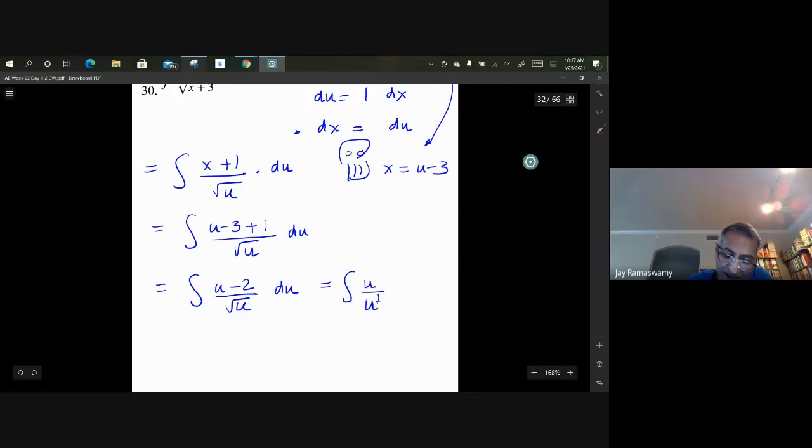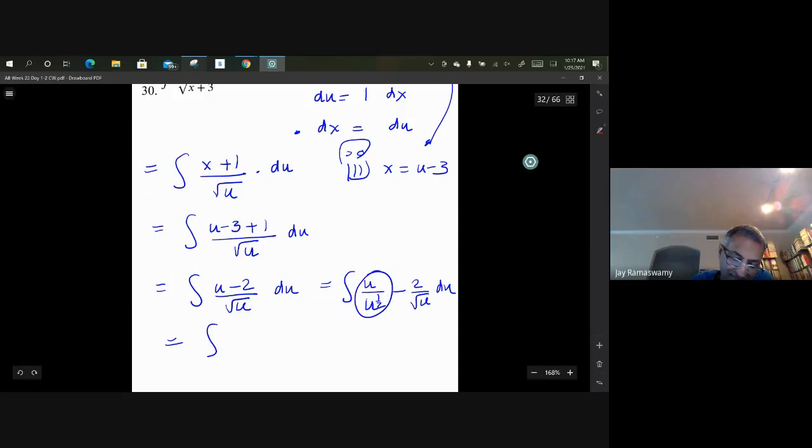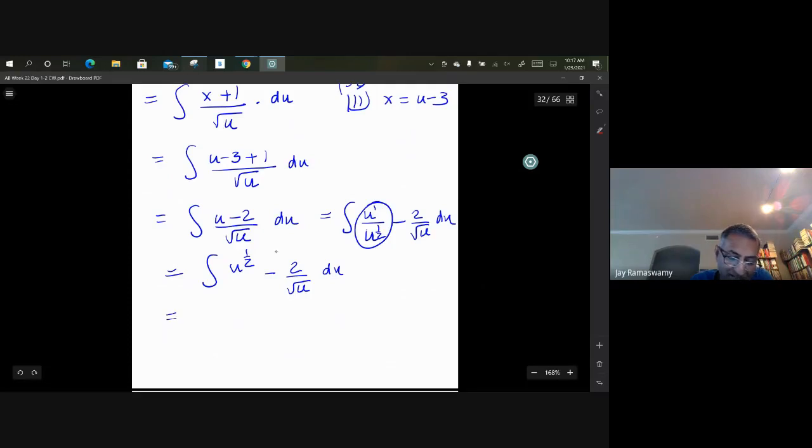Is that u to the power 1/2 minus 2 over radical u, correct? And isn't this guy nothing but just u to the power 1/2 because we subtract? And then minus 2 over radical u. I'm leaving it alone because don't we have a formula for that? And then last step, I'm ready to integrate. What's the integral of u to the 1/2?